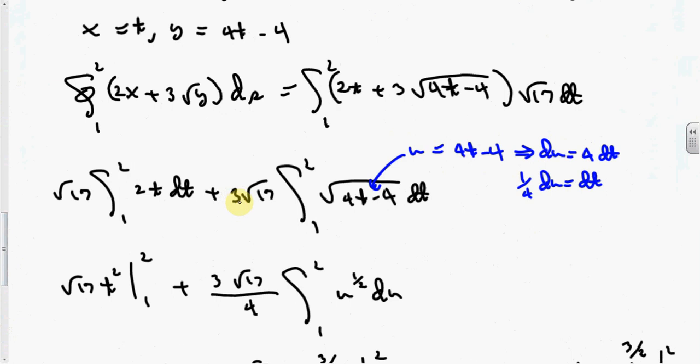This 3 is still with the square root of 4t minus 4. It's still there. This is 3 times the square root of y, y is given to be 4t minus 4. I just pulled that square root of 17 out in the front. Yes, sir. Okay. No, it's still there. Good.